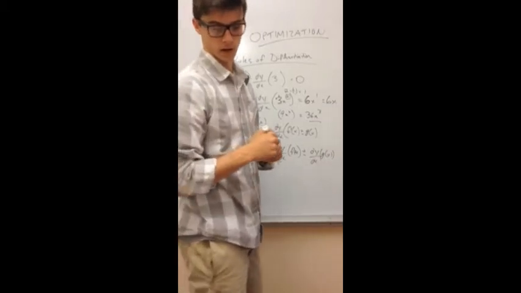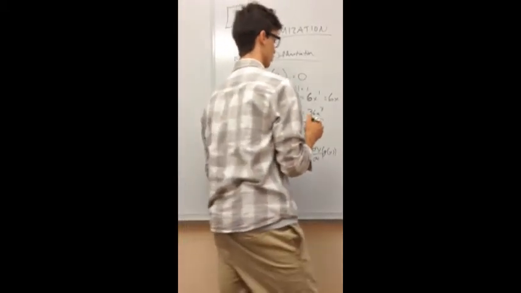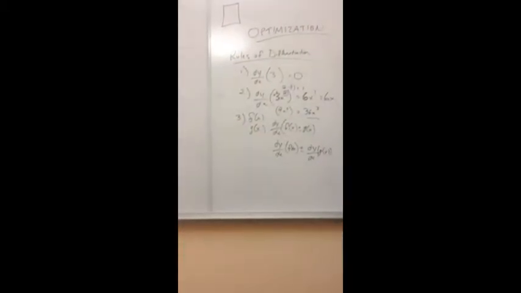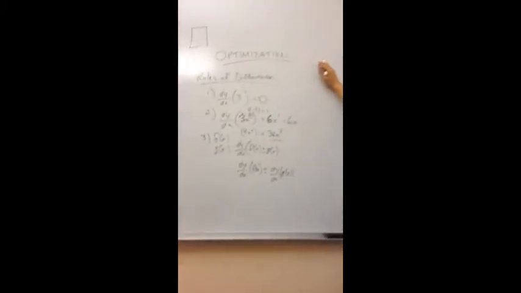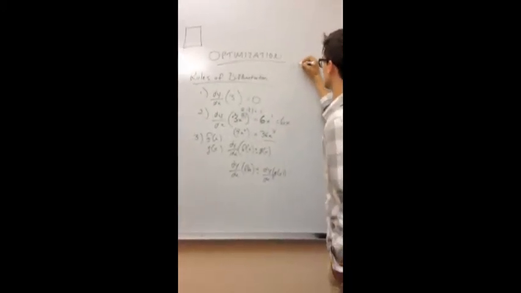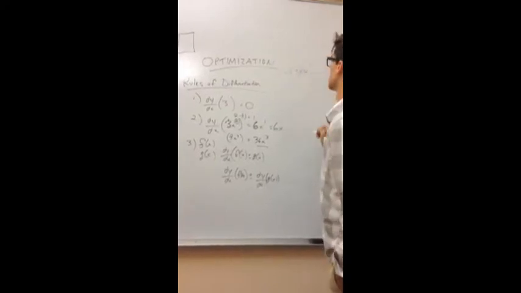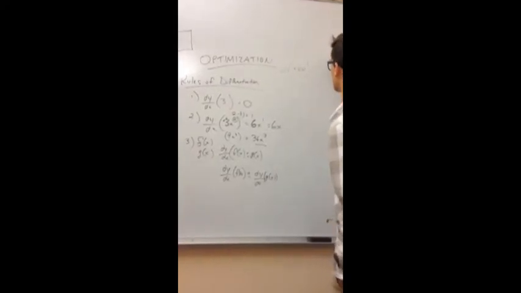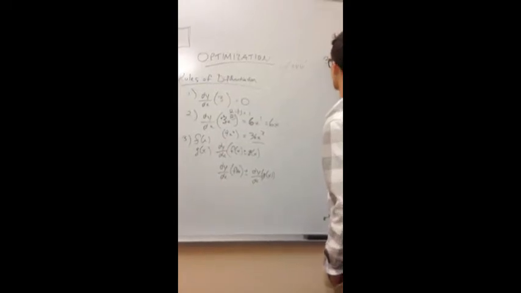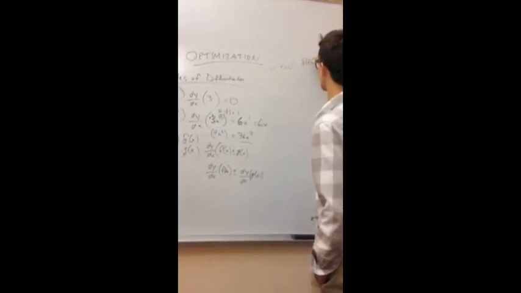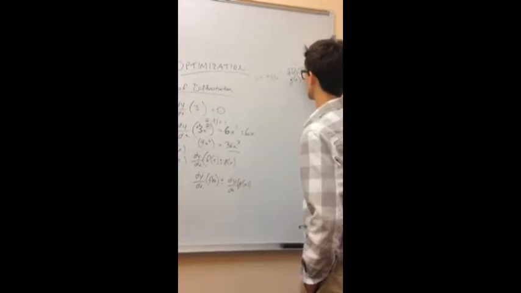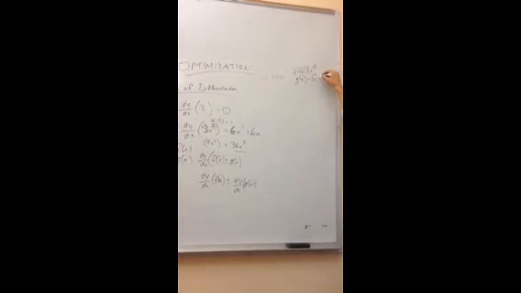Now we'll talk about the product rule. With the product rule, there's a certain acronym that I like to use. It's called UVU, and essentially it is, say we have 2 functions, f of x equals 3x squared, and g of x equals 6x cubed.